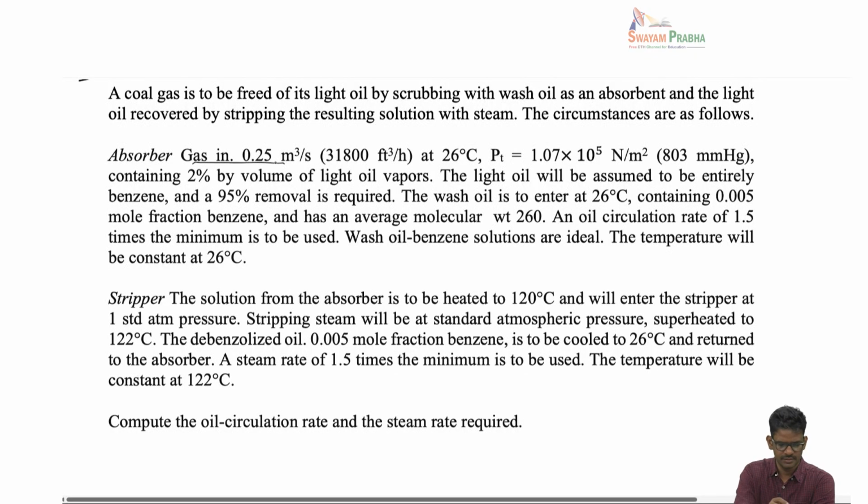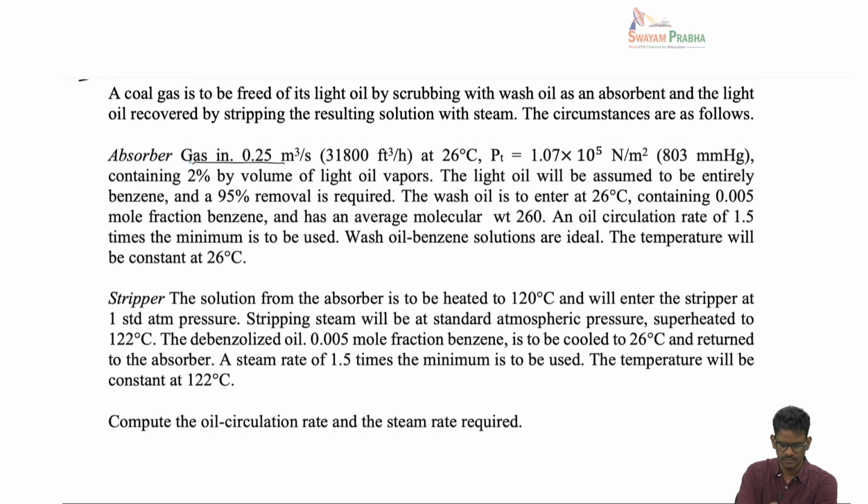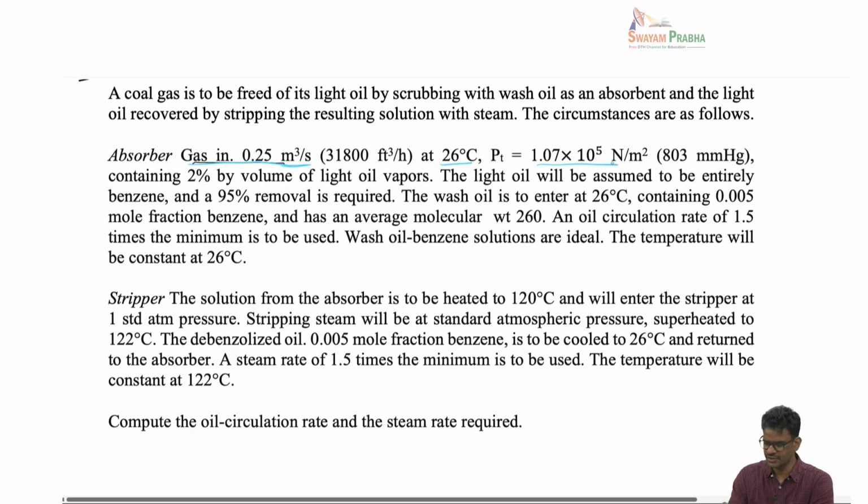Okay, so now comes the example. This problem is an example where we have an absorber and a stripper working together. First we do absorption, where a gas flow rate is given in terms of meter cube per second, and temperature and pressure are also given.